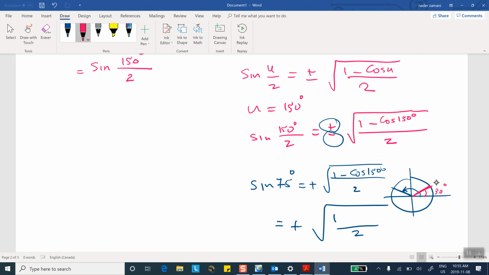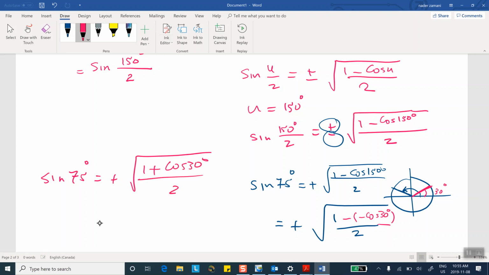And so the cosine of 150 degrees is negative cosine of 30 degrees. This is equal to sine of 75 degrees equal to plus square root of 1 plus cosine of 30 degrees divided by 2. And you will remember cosine of 30 degrees was root 3 over 2. This is not how the answer in the book is going to look, but you can stop there. There's no problem.